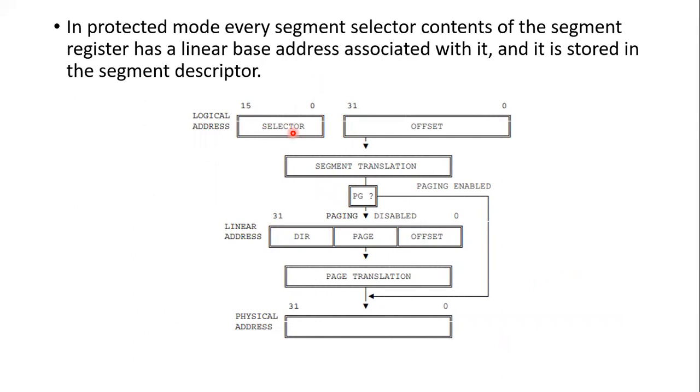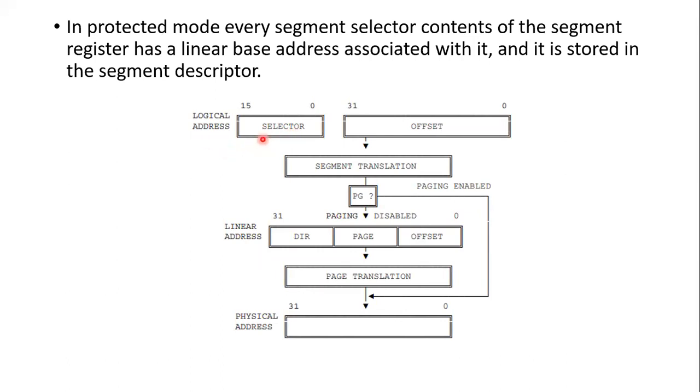In protected mode, every segment selector, that is the contents of the segment register, has a linear base address associated with it, and it is stored in the segment descriptor.